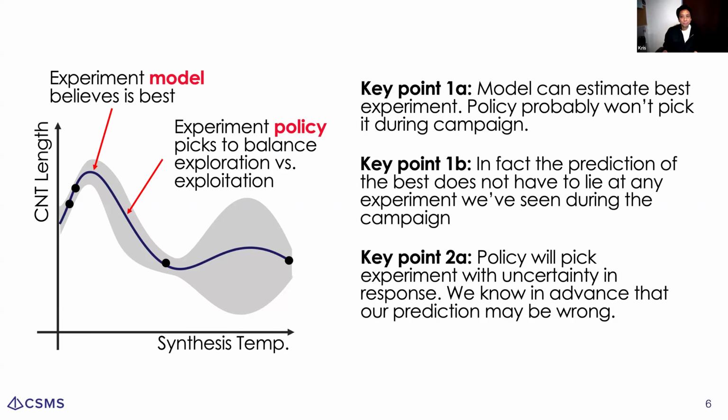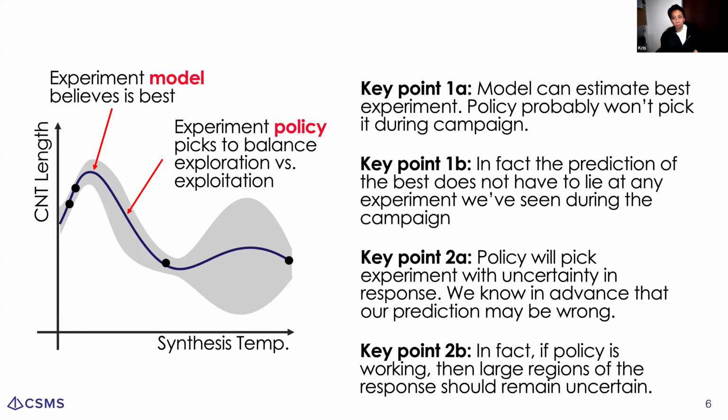Okay? And then the last point here, and just to build off of that, is that if your Bayesian optimization is working, if your policy is actually trying to identify the best input by balancing between exploration and exploitation, even by the end, after a reasonable number of experiments, say 50 experiments, you're still going to have these large regions of uncertainty.